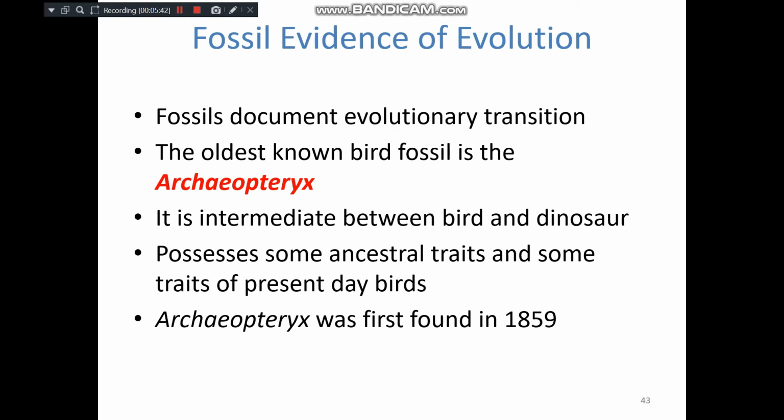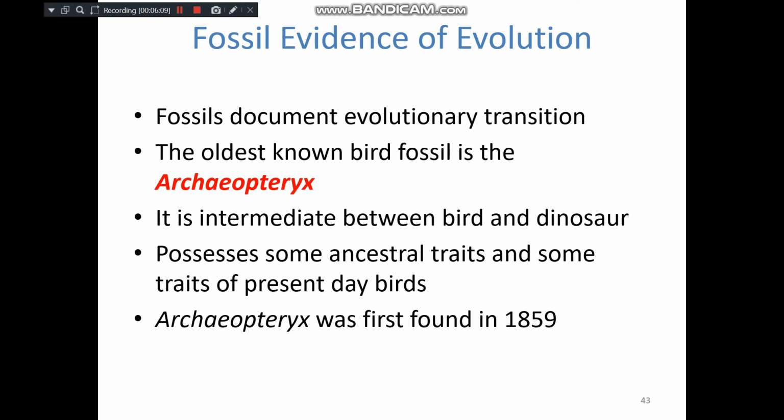Then fossil documents of many of the evolutionary transitions. We agree to the fact that birds evolved from reptiles, but how do you justify that? Though there are many indirect evidences, the fossils become the direct evidence. The oldest known bird fossil found is what is known as Archaeopteryx.